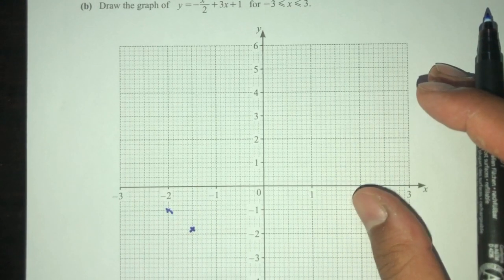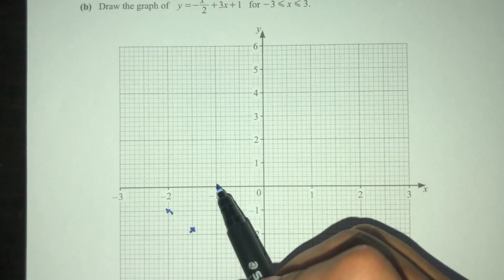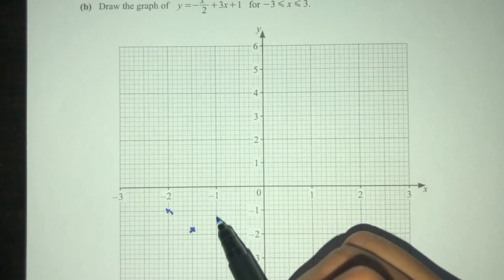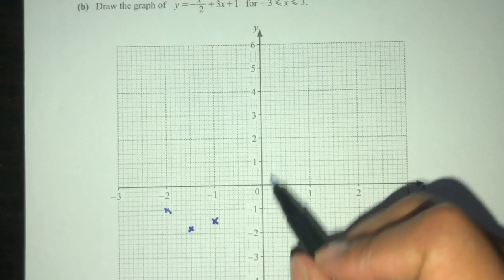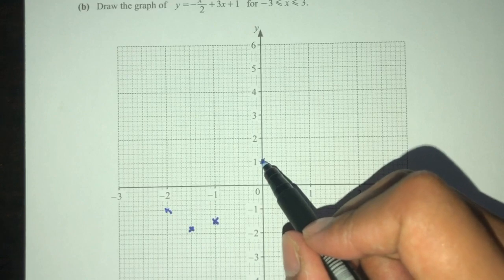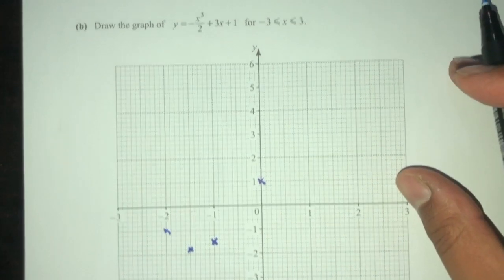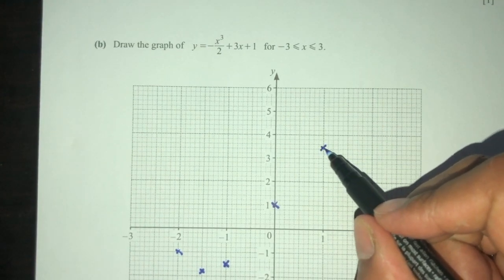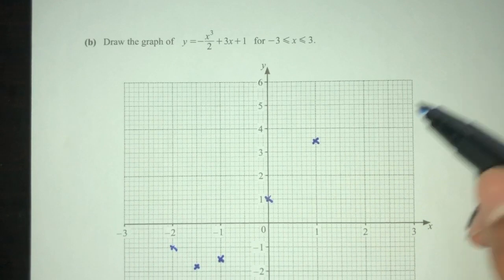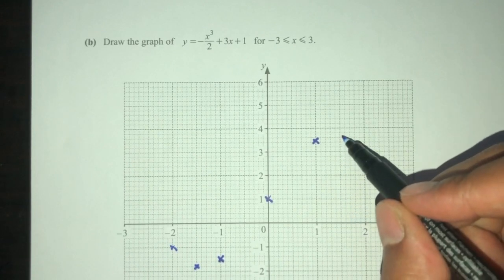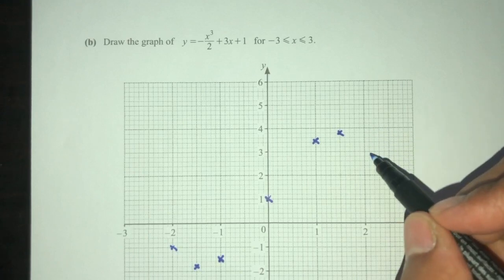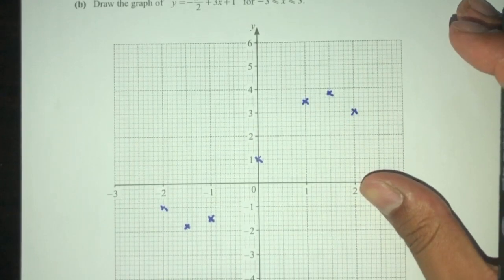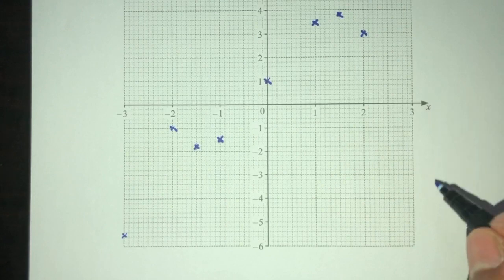Then we have minus 1, 1.5, right here, and then 0, 1. Then we have 1, 3.5, right here, 1.5, 3.8, and then 2, 3. Finally 3 will be minus 3.5.